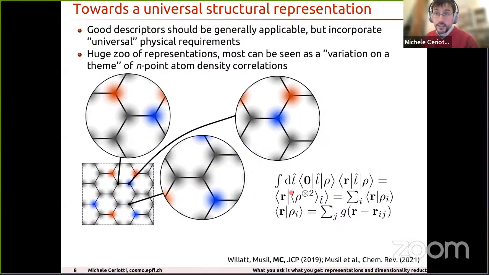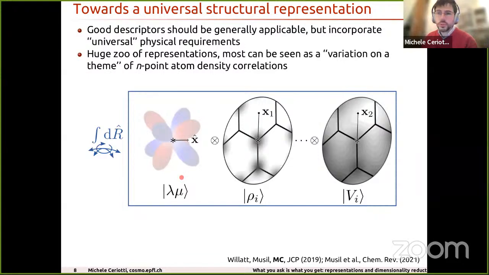This is actually a convolution operation, a correlation to be more specific, and perhaps unsurprisingly, as a result of this operation, you obtain a description for your structure as a sum of atom-centered terms. So basically, the local and atom-centered ansatz arises as a natural consequence of enforcing translational symmetry over this decorated atom density.